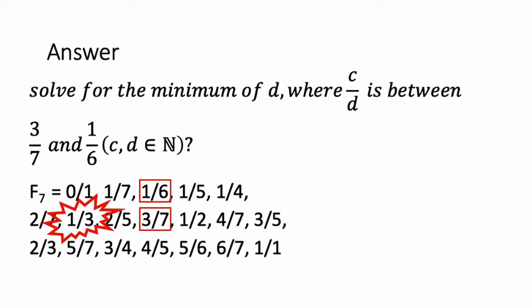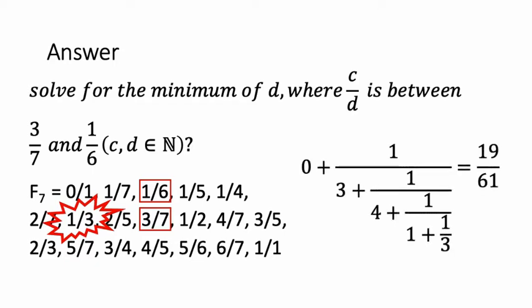Putting 1 over 3 into our continued fractions, we can get our answer. A over b is equal to 19 over 61. This means the minimum of b is 61. So we solved our question. And that's all for today.